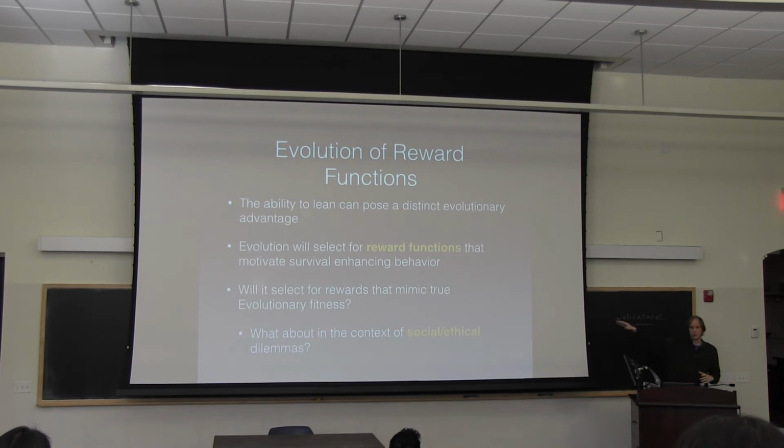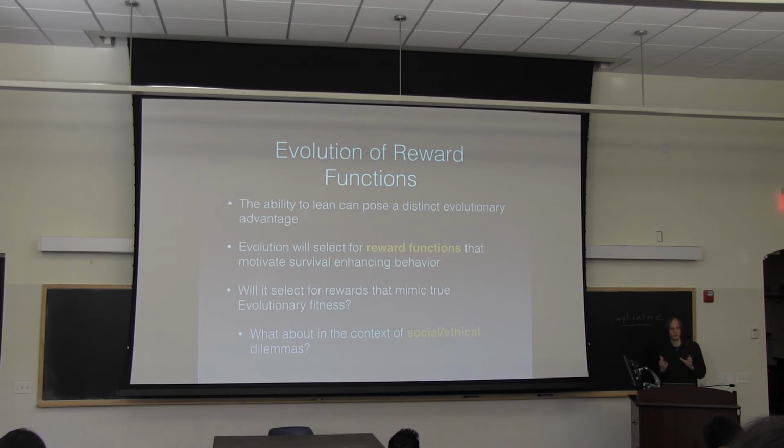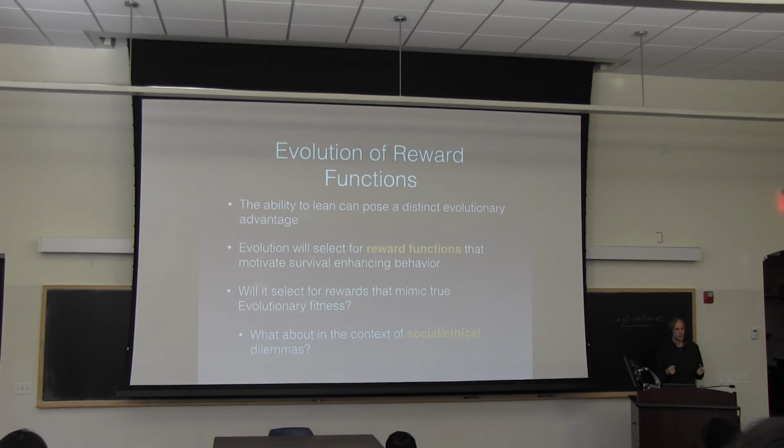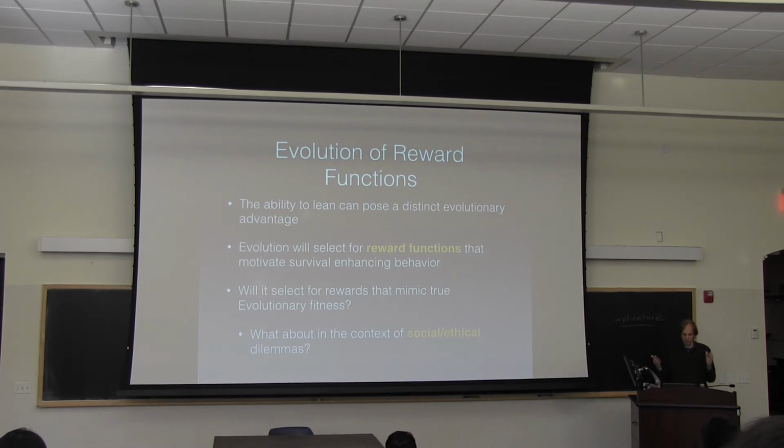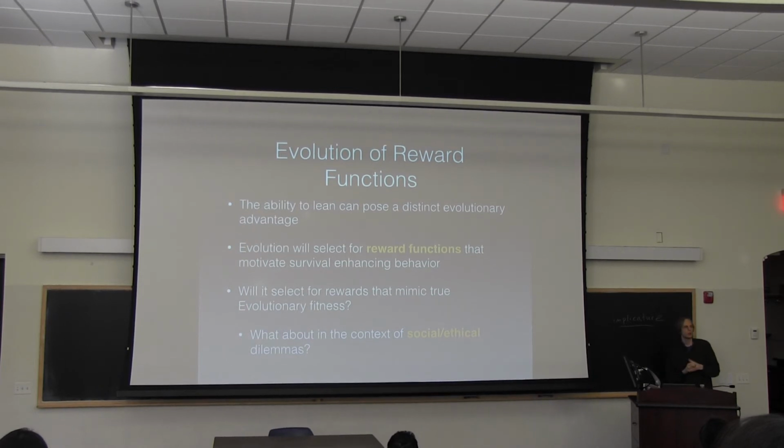So there's this interesting question we're looking at, which is, OK, so if evolution has to select reward functions, let's suppose we knew the true fitness value of different interactions in the world. Would evolution select a reward function that actually mimicked the true fitness values? And in particular, what would it do in the context of social or ethical dilemmas?